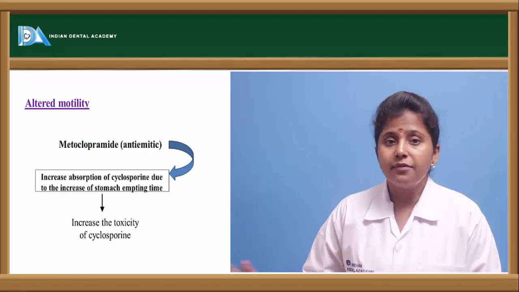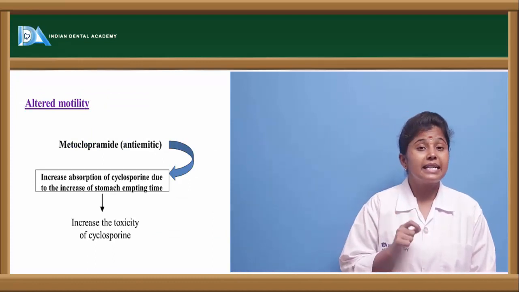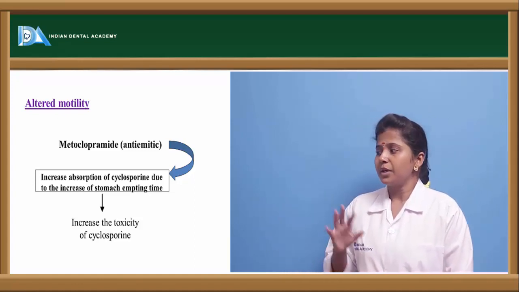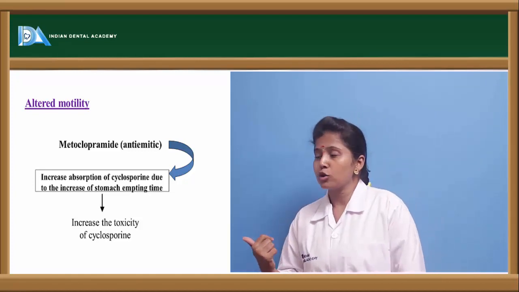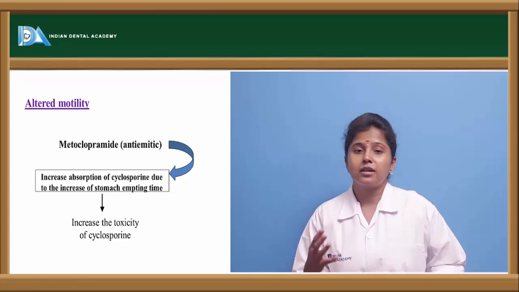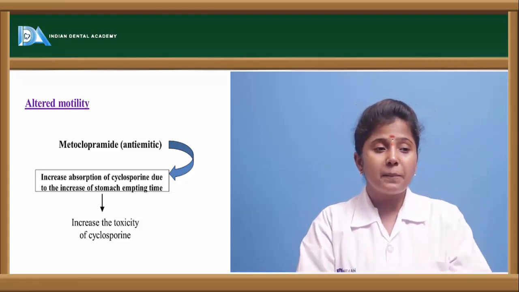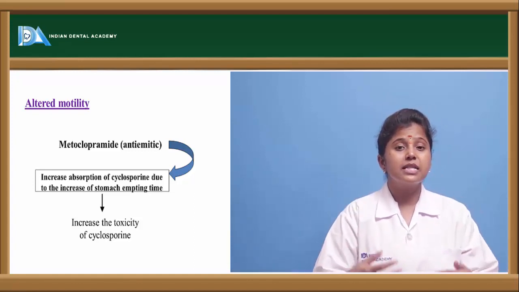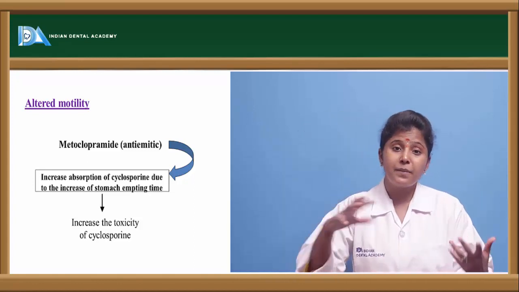Altered motility. If we take the example of a drug like metoclopramide. Metoclopramide is an anti-emetic drug, so it prevents the emesis or vomiting. Here this metoclopramide increases the absorption of cyclosporin because of the gastric emptying time. If we combine metoclopramide with cyclosporin, the gastric emptying time, in the sense the time taken for the contents of the stomach to move out, will be reduced.